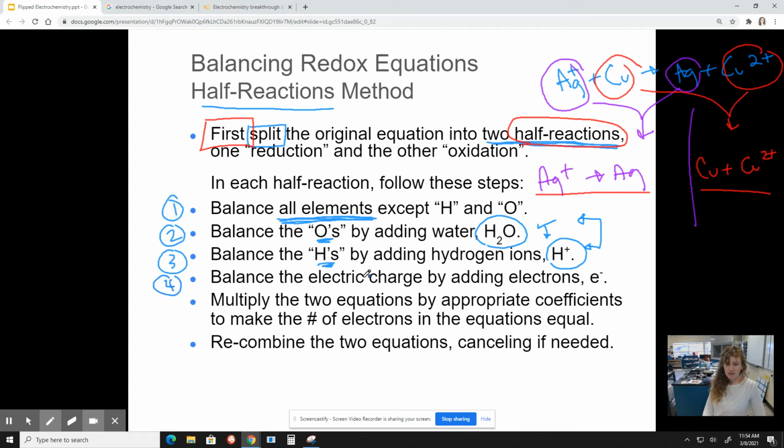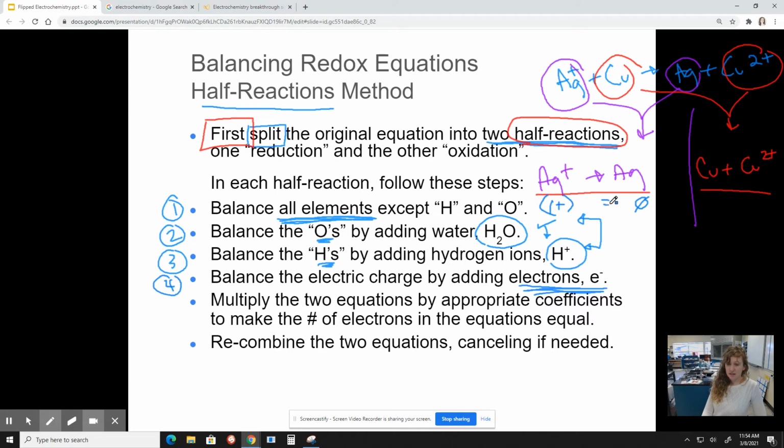balance the electric charge by adding electrons. So you're going to add electrons to each side of each half reaction so that the half reaction is electrically balanced. Like, for example, silver, the ion of silver and the element of silver, we have a 1 plus for the ion of silver and we have a 0 for the element of silver.